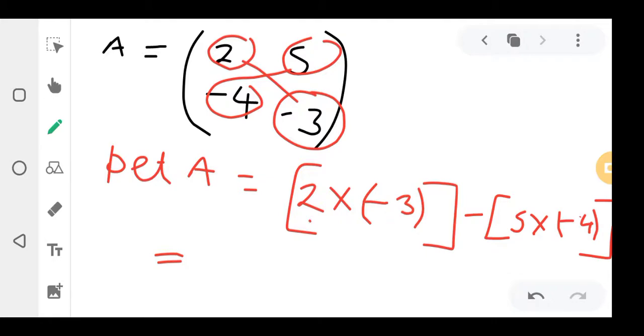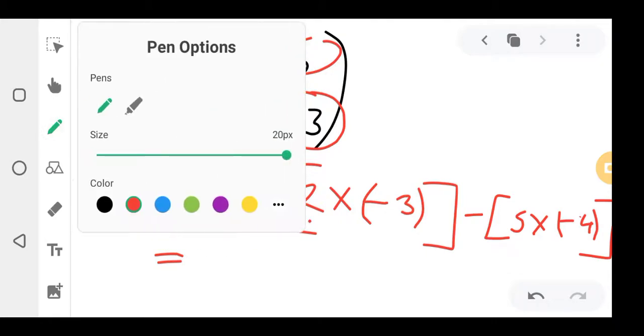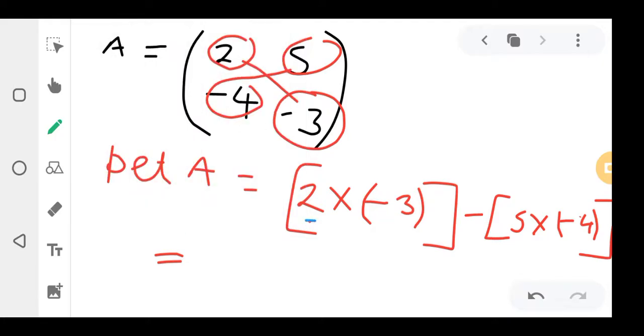Is equal to 2 times -3 to be -6. This negative here, you bring it here, and then 5 times -4 again is negative what? -20. Because of this you put brackets here, because there are two negatives following one another, so it will be -6.